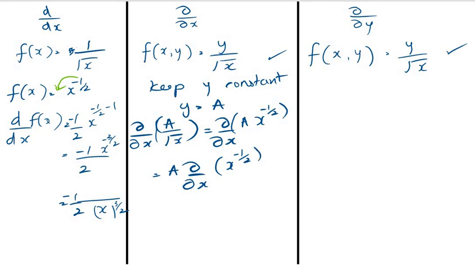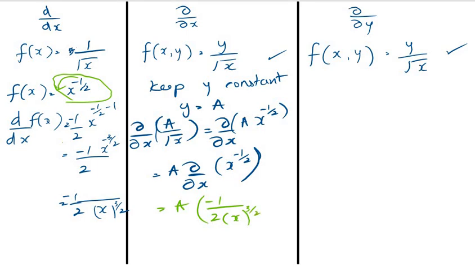Now this looks like the single variable function we saw here. That part is just like the single variable function, so we will differentiate that. So it will be a, and we know the differentiation of this is minus half x to the power 3 over 2.